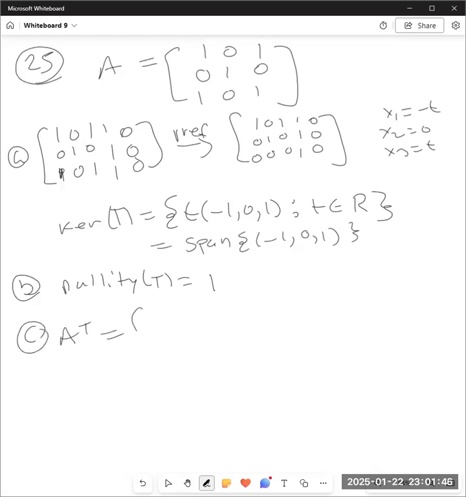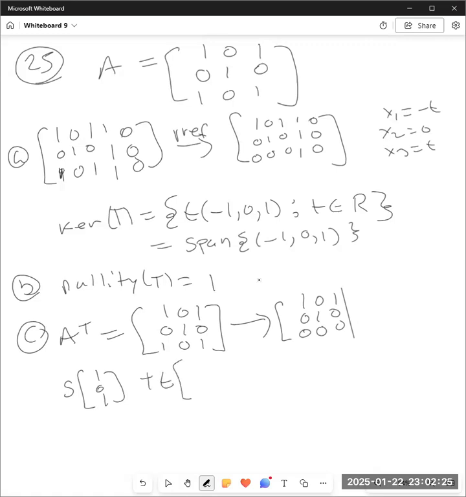A t equal to 1, 0, 1, 0, 1, 0, 1, 0, 1, which just so happens to be the same thing as A. So when I RREF that, I also get 1, 0, 1, 0, 1, 0, 0, 0, 0, which tells me that I have s times (1, 0, 1) plus t times (0, 1, 0).